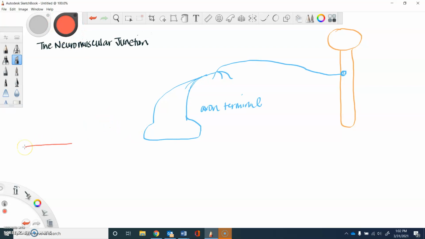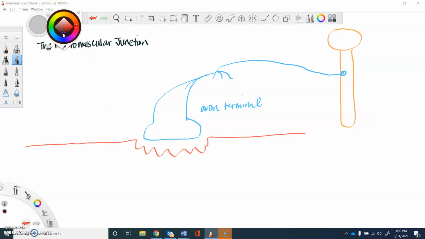So here's the muscle cell going across there. So when we look at the neuromuscular junction, this is the neuron, this is the axon terminal. It's not actually touching the muscle cell. There is a gap between here, a gap that we call the cleft.